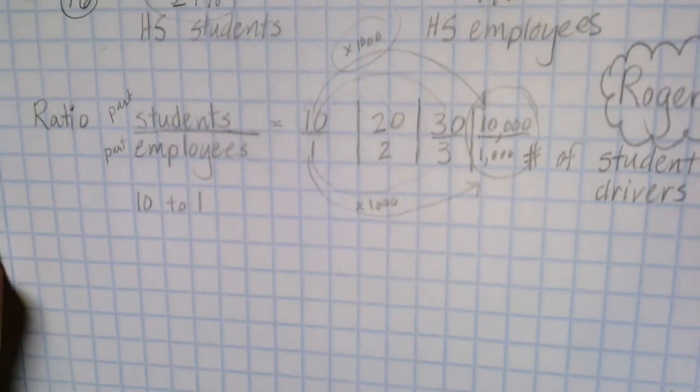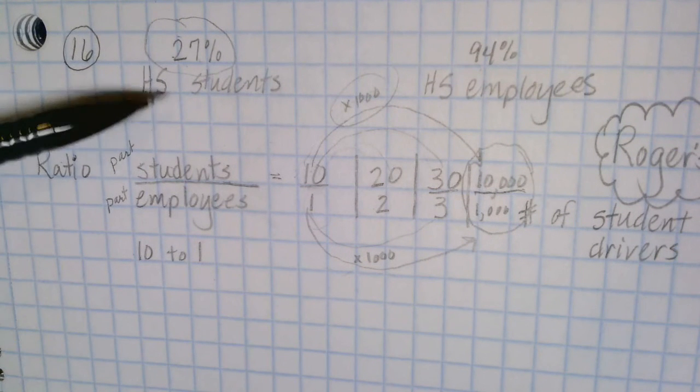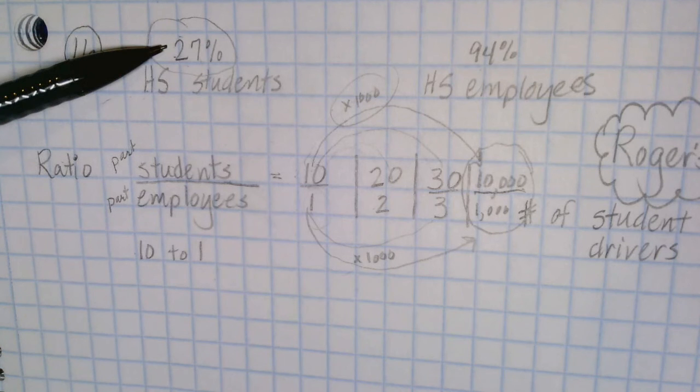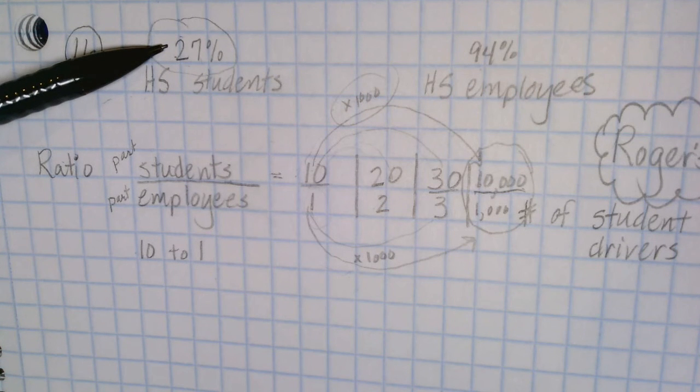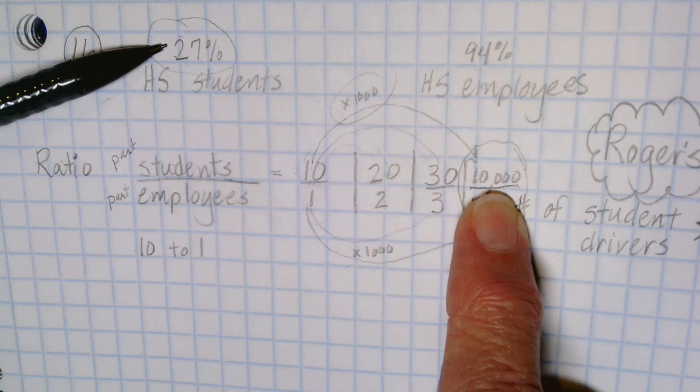So now I'm going to set up two proportions. I'm going to set up a proportion using my 27% changed into a fraction, and I'm going to set that equal to the number of students that I have in my fictitious school.